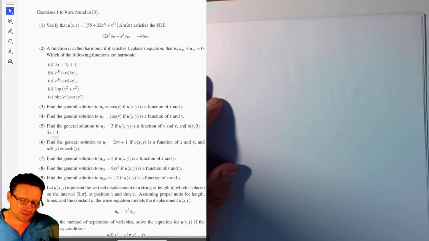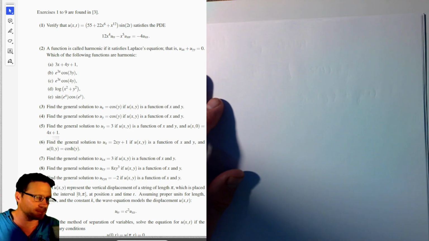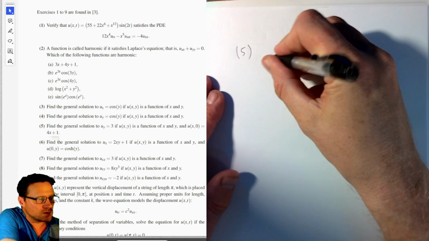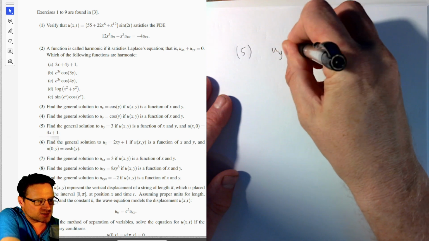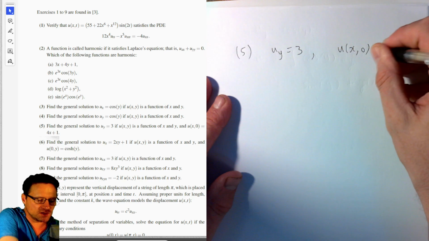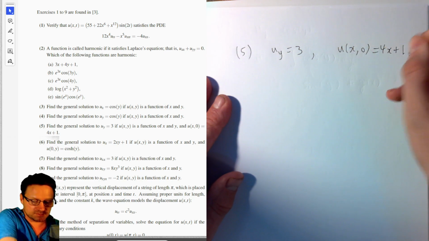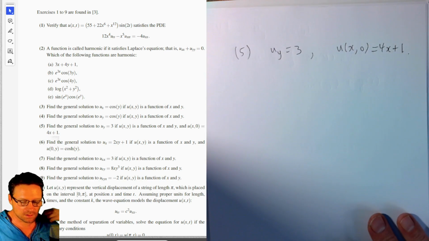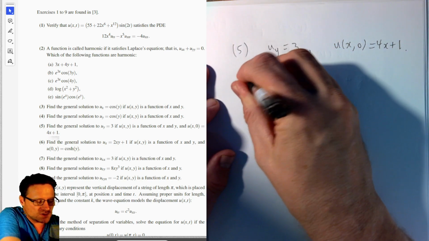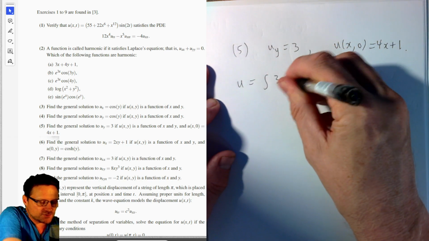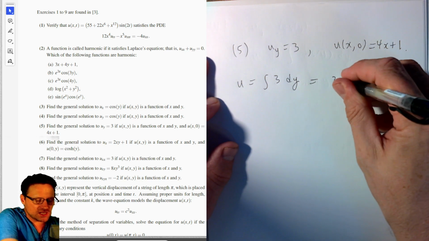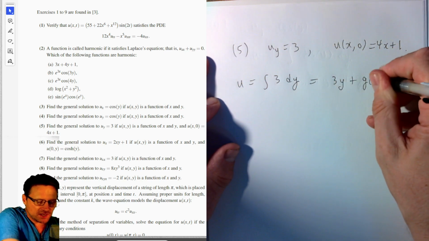All right, let's move on to question number 5. So in question number 5, we are given u_y is 3, and we're given some boundary value, u(x,0) is 4x plus 1. Okay, so first we want to solve our differential equation. So u is equal to the integral of 3 with respect to y. And so we have 3y plus g of x.